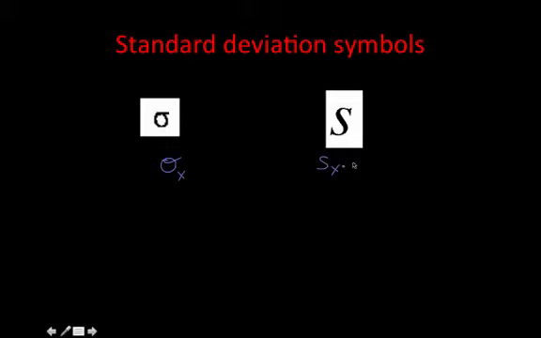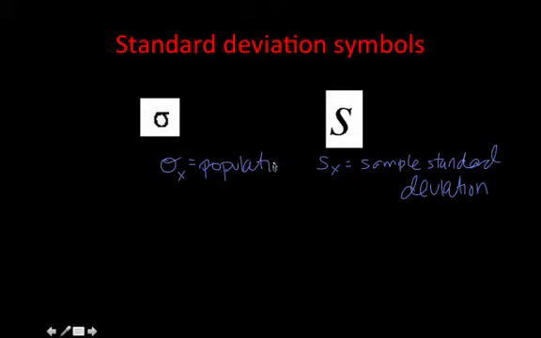And this right here, S of x, is actually the sample standard deviation of the data set, and this right here, the sigma, is the population standard deviation. And so in this class, we are always going to look at the population standard deviation. We're not going to look at the sample standard deviation. So always, if you use your calculator, look at the sigma standard deviation.